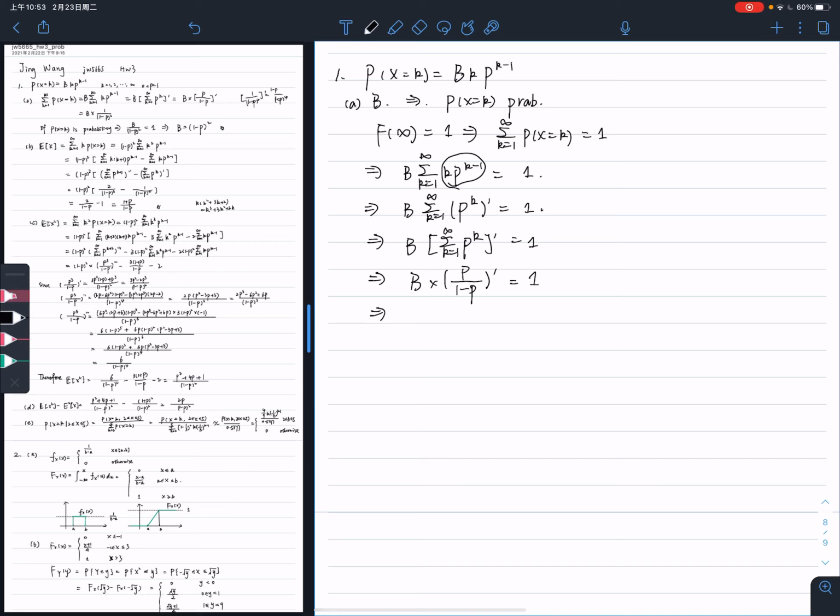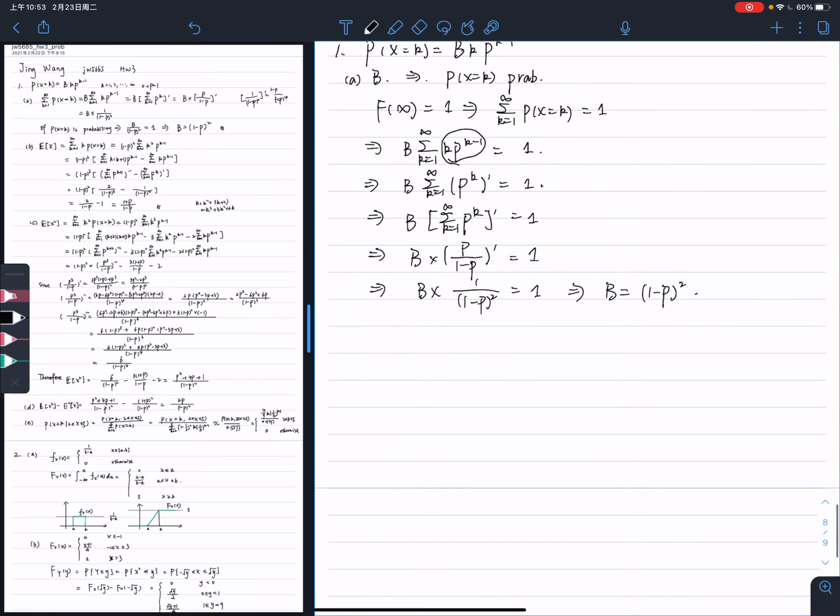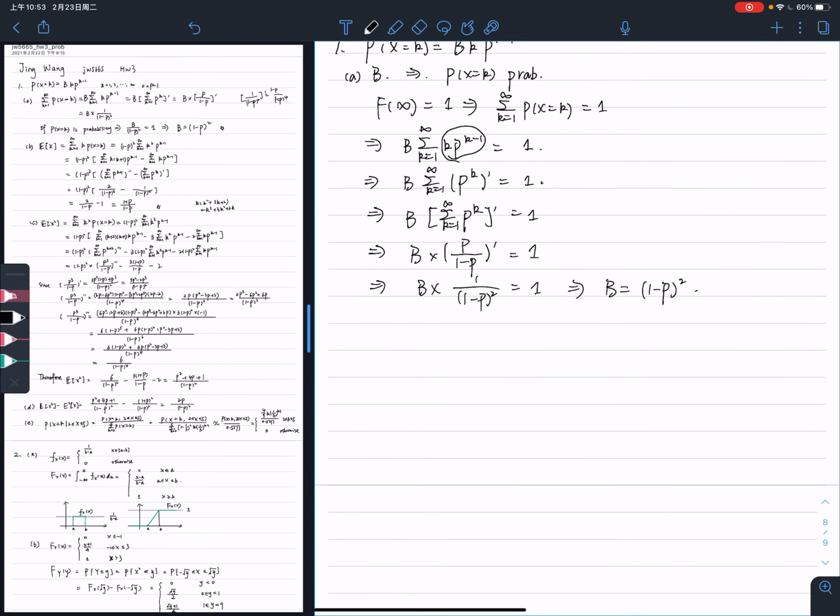Therefore b times 1 over (1 minus p) squared equals 1, so b is equal to (1 minus p) squared. So now we get the value of the constant b, such that P(X=k) is a probability distribution.